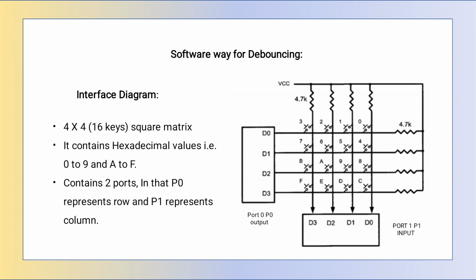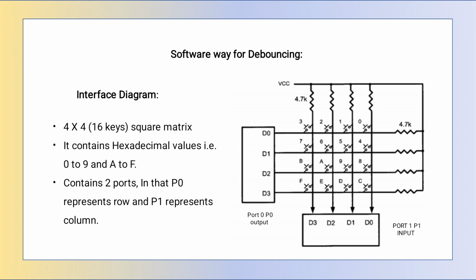The software way is shown in the interfacing diagram of the 4x4 square matrix keypad. It contains hexadecimal values, 0 to 9 and A to F, where A is 10, B is 11, C is 12, D is 13, E is 14 and F is 15.